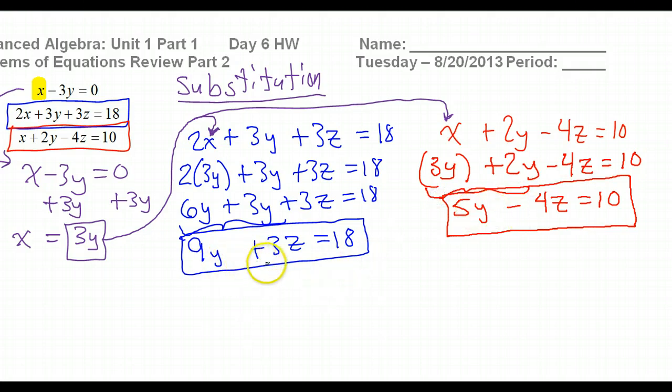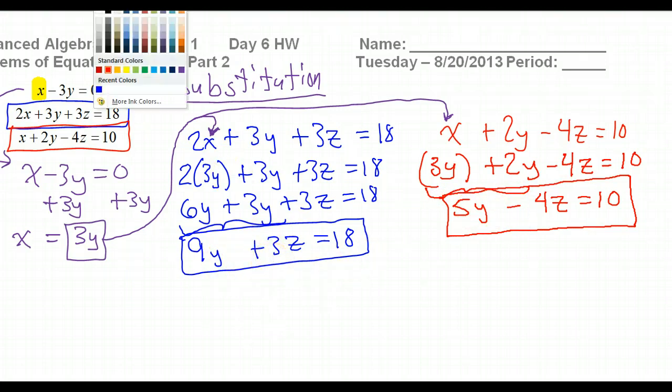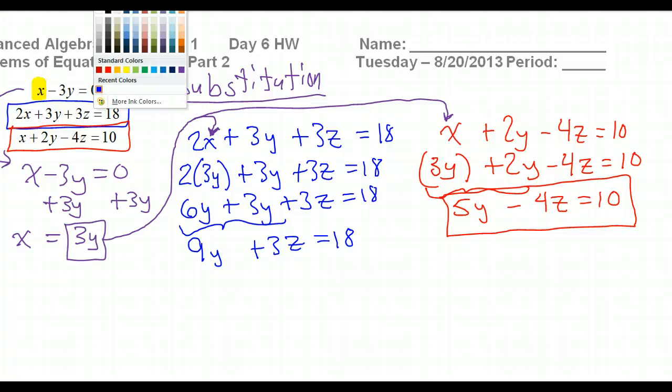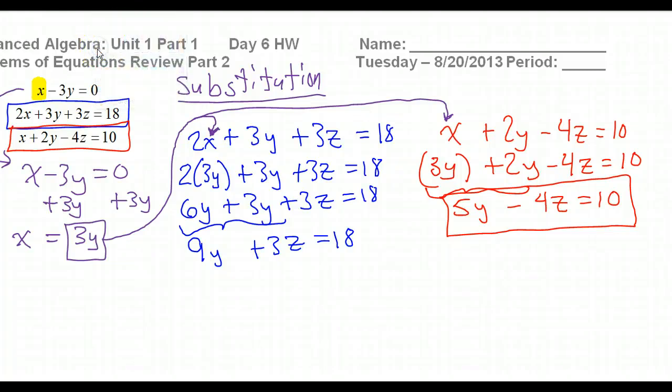Back on the blue equation, did anybody notice this? I missed it at first, but I'm thinking about it now. I'm actually going to take this box away. Can anyone guess what I'm going to do with this blue equation before I put a box around it? You know how I'm always telling you guys to make the numbers smaller if you can. Look for that common factor, the GCF if you will.